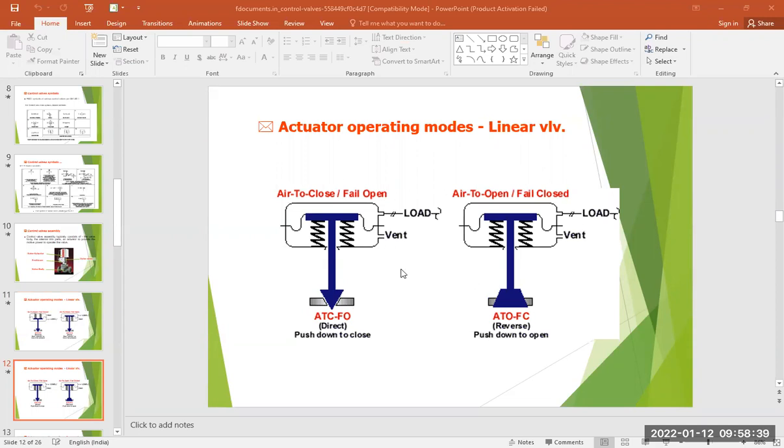Okay, so these are the different configurations we work with in the linear valve actuator operating mode. ATCFO, that means air to close, fail open, is a direct push down to close system. Another one is the push down to open system, that means ATOFC, air to open, fail close type of valves also.